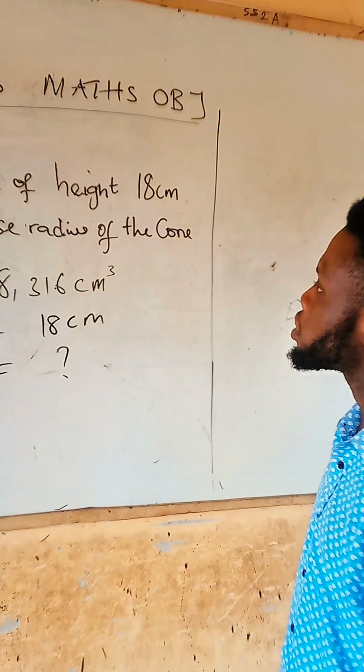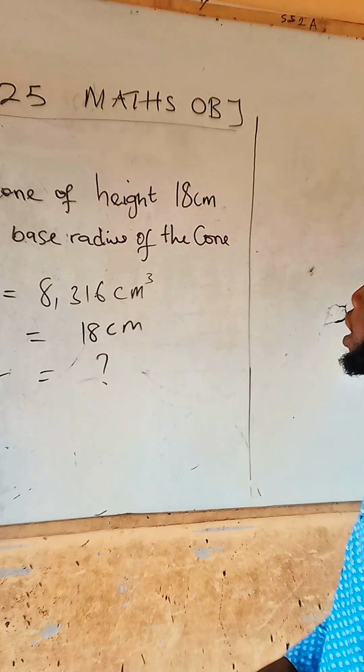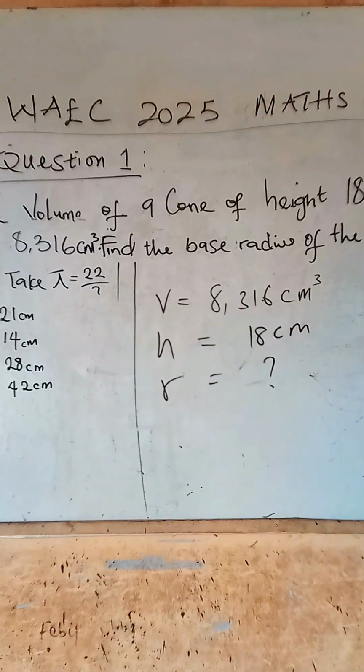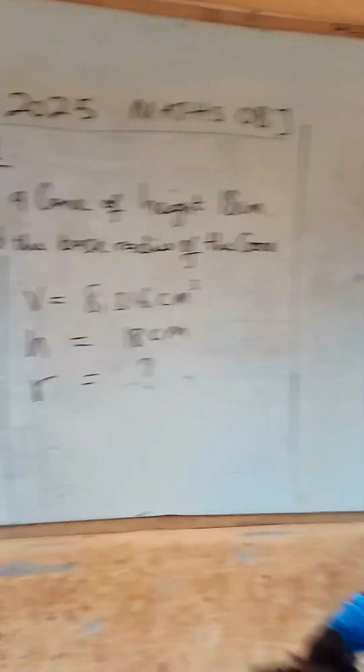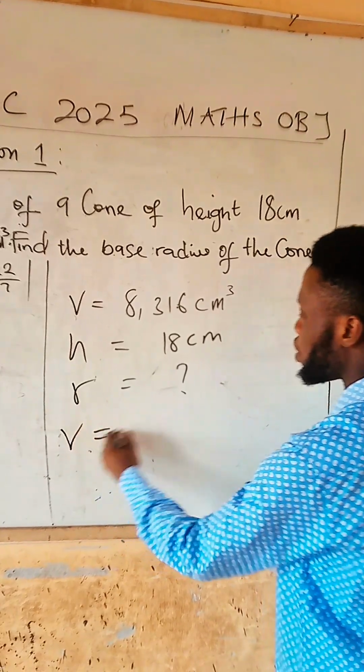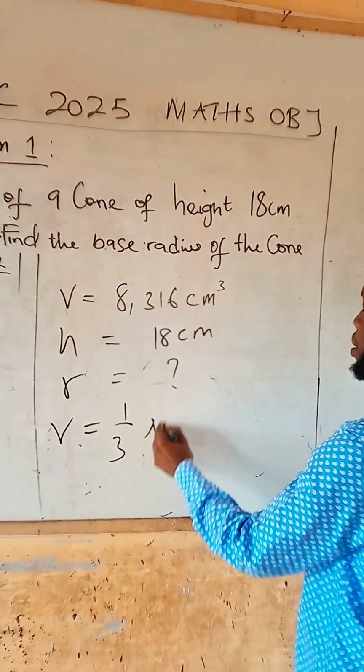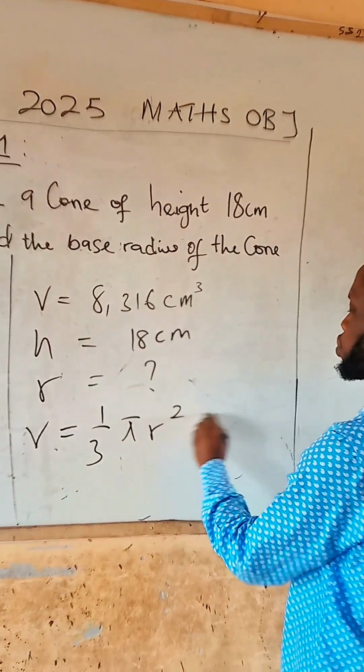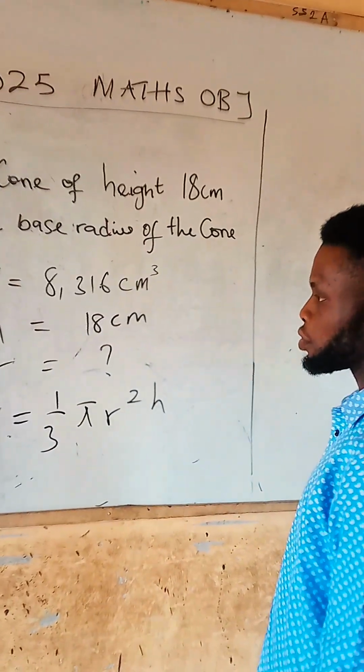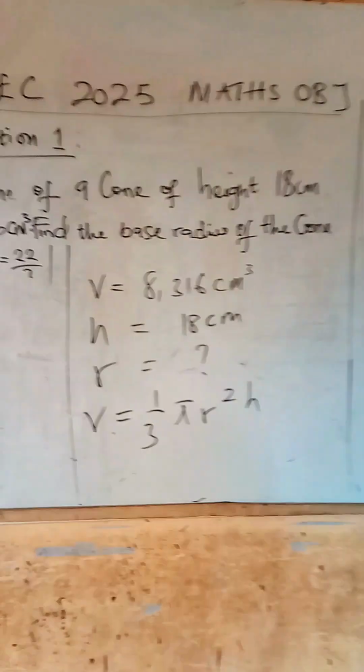Since the volume is given, we use the formula to obtain the volume of a cone. The formula is volume equals 1 over 3 pi r squared h. Note our pi is given as 22 over 7.